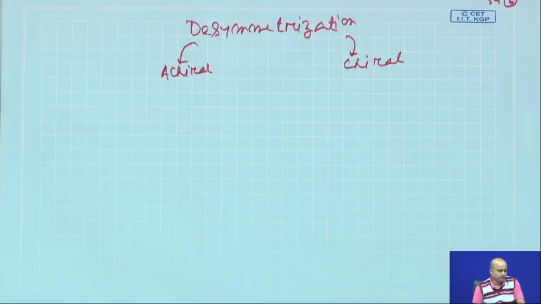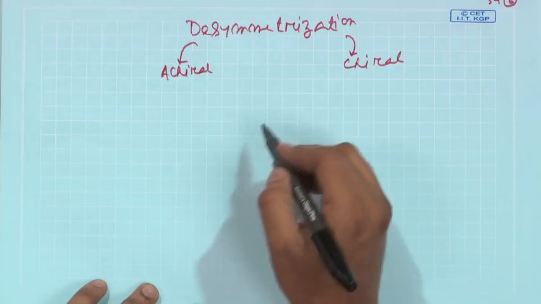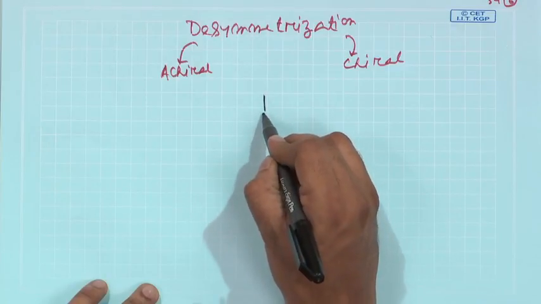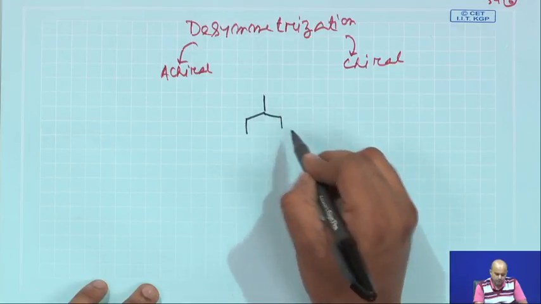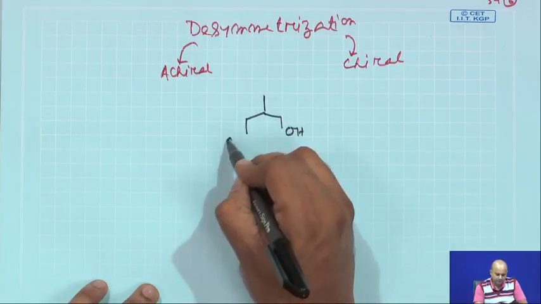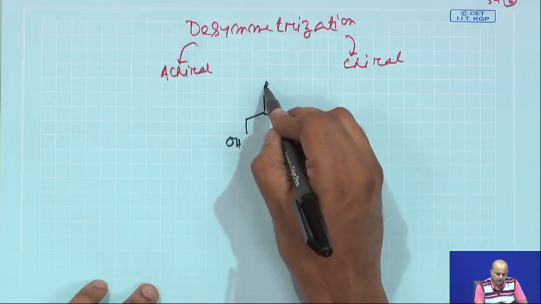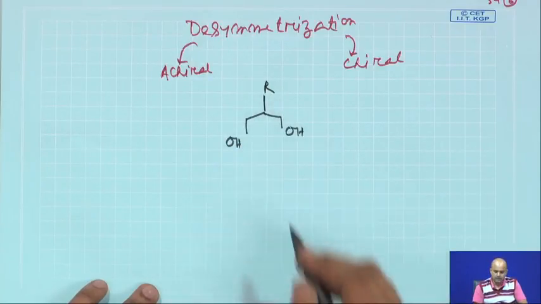Desymmetrization is a very important strategy: if you have a molecule which can be efficiently desymmetrized to give two enantiomers, then it is absolutely useful. We will come back to our simple example which we also explained earlier, that if you have a compound like this, it is a prochiral compound.